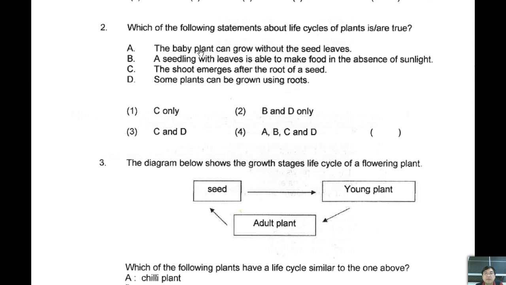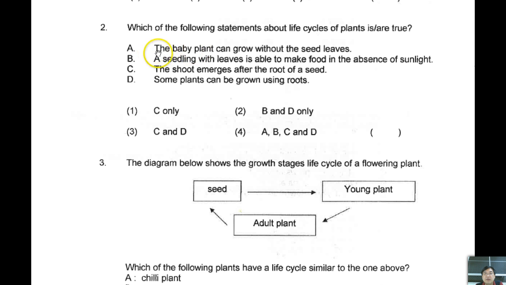If it means the seedling, then it can grow without the seed leaves. But if it's a young plant, then it doesn't need the seed leaves. By the time the seed leaves would have been exhausted, no more seed leaves, right? The actual leaves of the young plant would start to make food by itself.